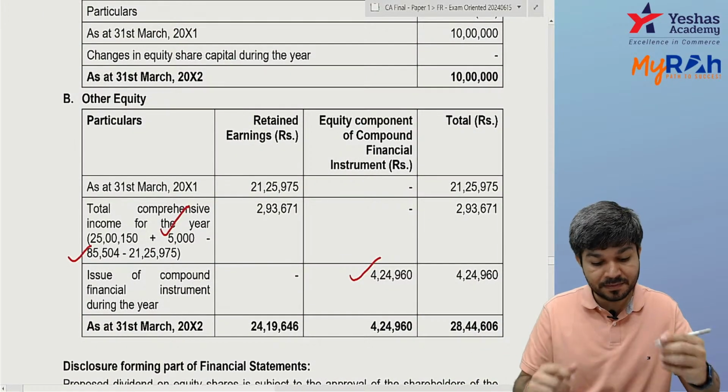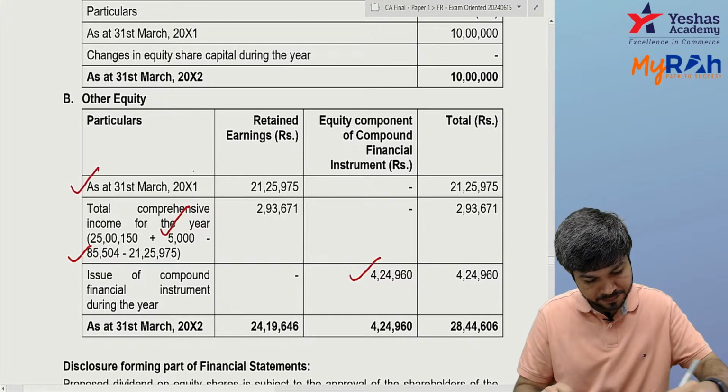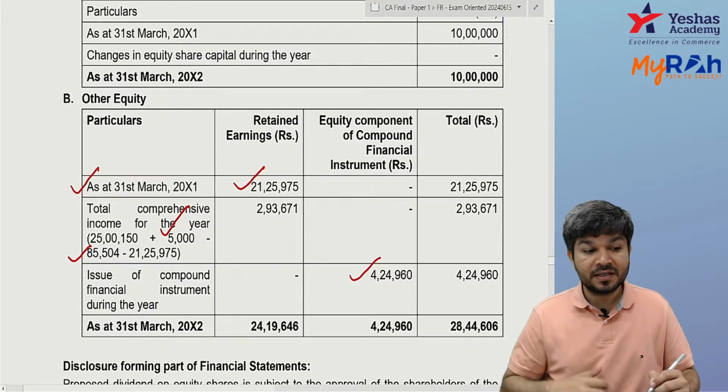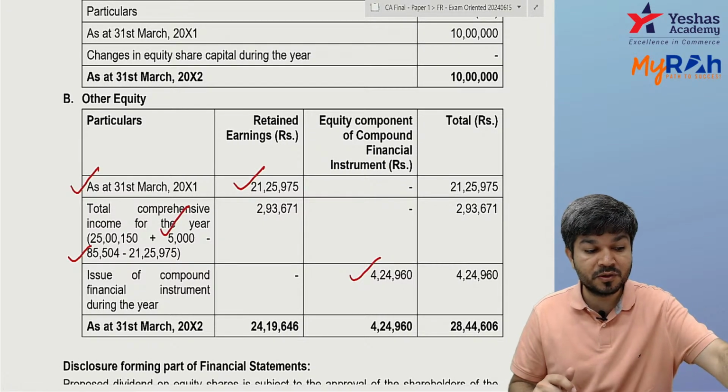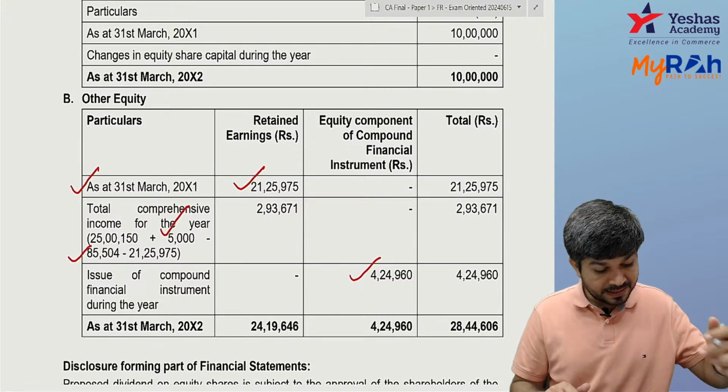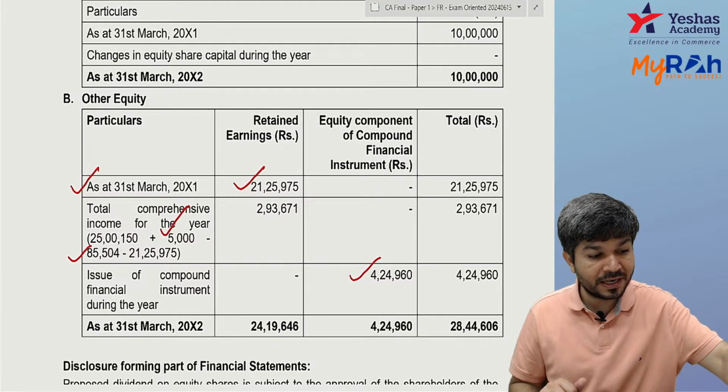Now usme there are some adjustments. So this is opening. Current year profit 374,175 plus 5,000 investment going up minus 85504 additional interest.